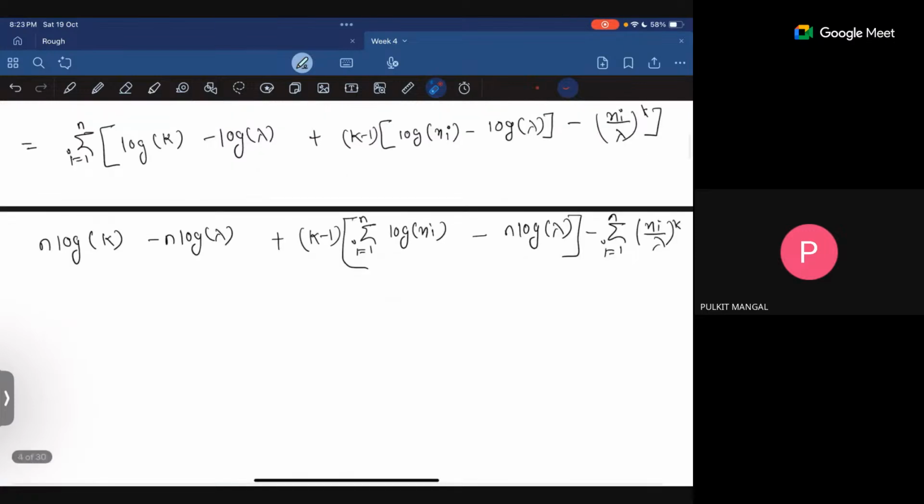Good. Now the next step is I will multiply this k minus 1 inside of this. So n log k minus n log lambda plus, I will leave this part, that is log of xi, as it is.